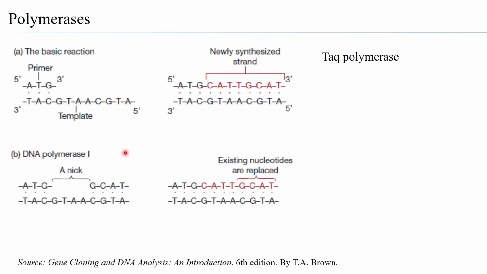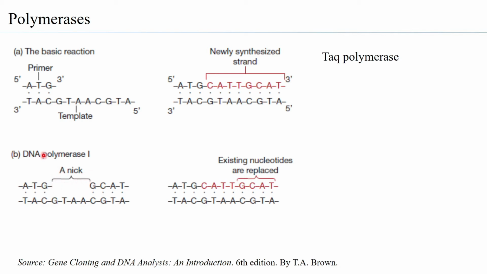So DNA polymerase 1 is used for many applications in gene cloning. If you have a DNA molecule with a nick, then DNA polymerase 1 will use the 3' OH of the nick and start adding nucleotides.